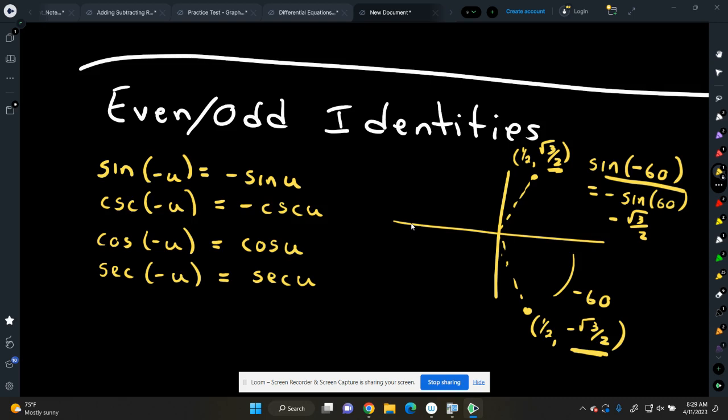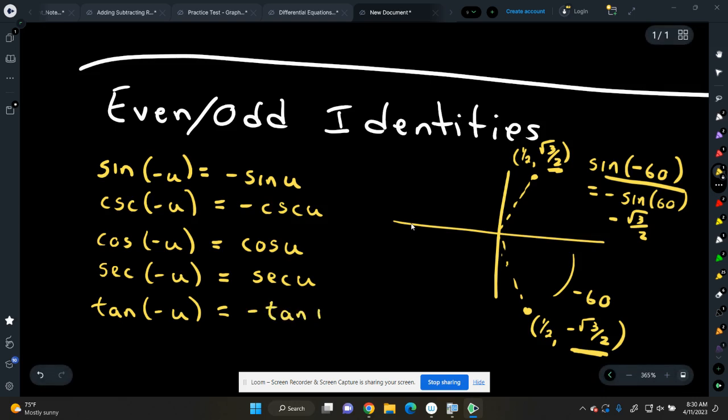What about tangent? Do you think it'll matter with tangent? Look at our negative 60 as our example. Yeah, it matters. So this is going to equal what? Negative tangent. And the same thing for cotangent.